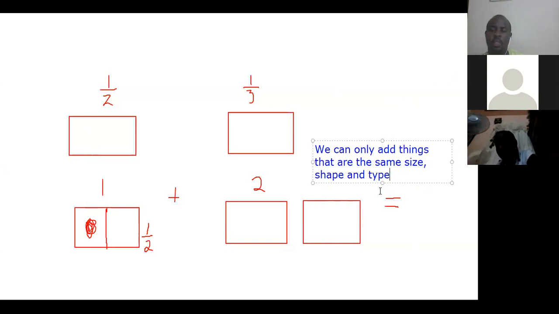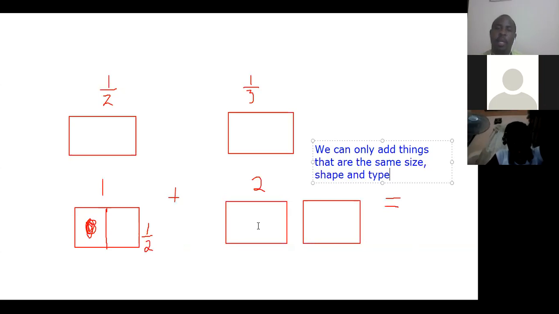Finished, sir. Excellent. So a while ago, again, we could have added the 1 whole and the 2 wholes because all three of them were the same size, type, and shape, right? Yes, sir. But now we have a situation where we have a half and we have 2 wholes, right? And so can we add them? Yes, sir.